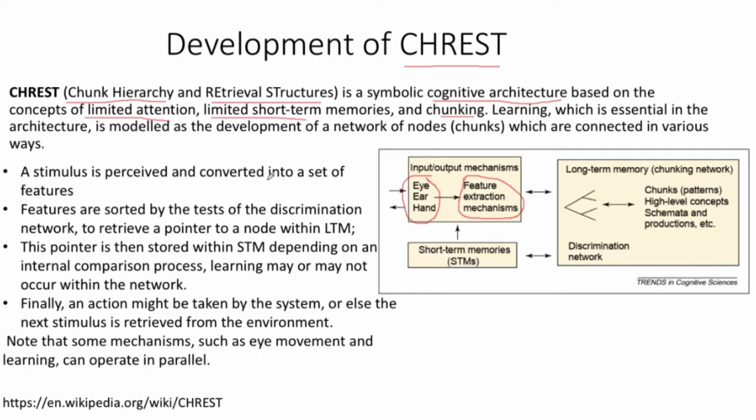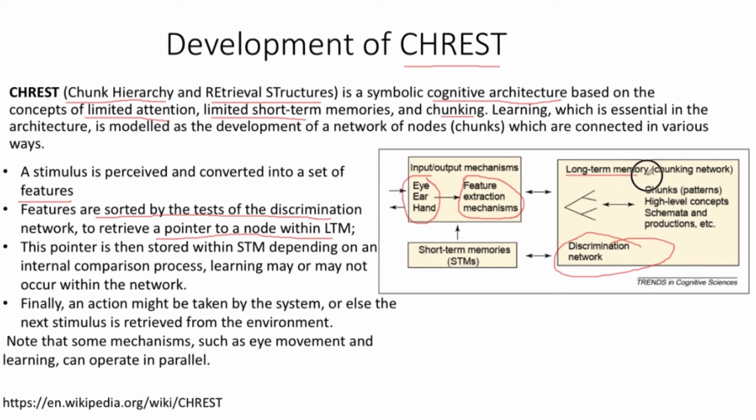A stimulus is perceived and converted into a set of features. Then these features are sorted by tests of discrimination. So there is a discrimination network which sorts these features and sends pointers to a node within the long-term memories.